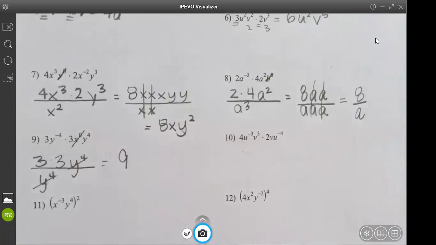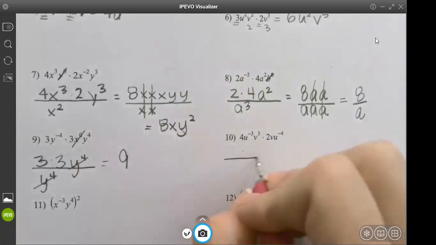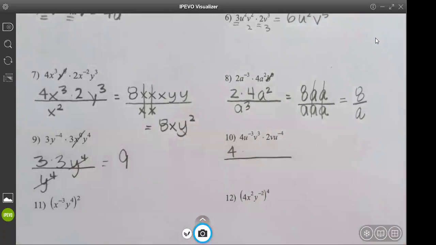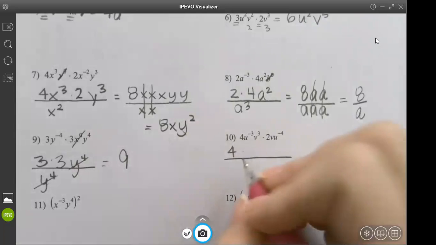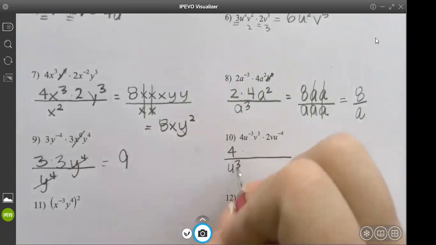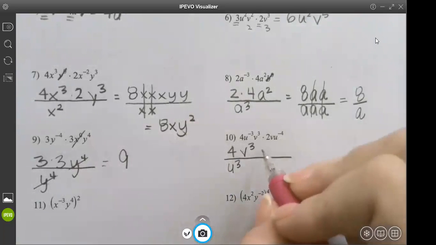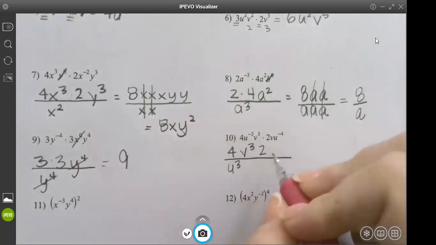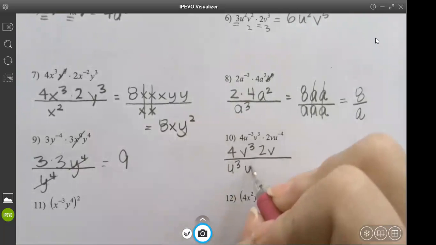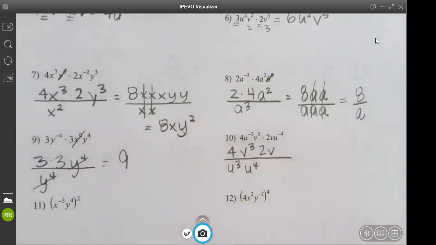All right, look at your next one. 4 is going to stay on top. U to the 3rd is going to go to the bottom. V to the 3rd is going to stay on top. 2 will stay on top. V will stay on top. U to the 4th on the bottom.